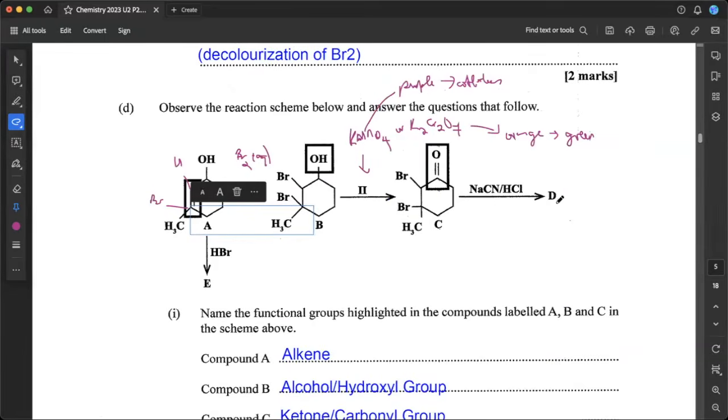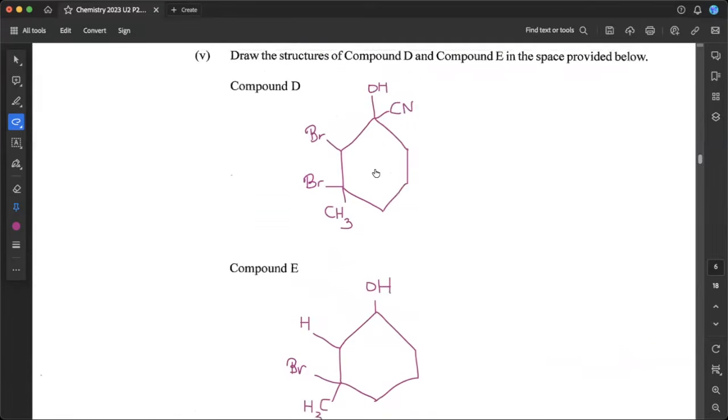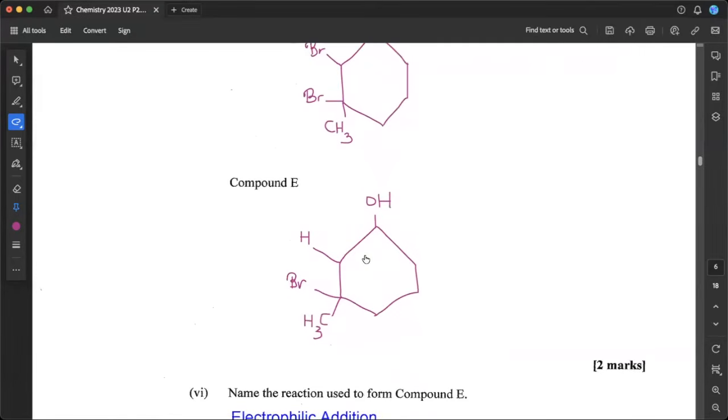And then this compound D is formed from us adding in this acidified NaCN, which makes this group a hydroxyl group, and then the CN is added here as well. That cyanide nucleophile is going to be added in here. So this is compound D and this is compound E.